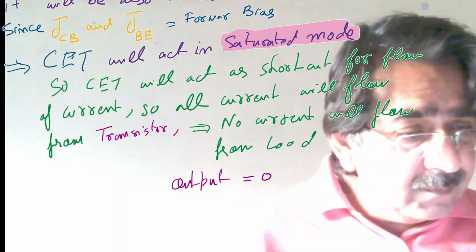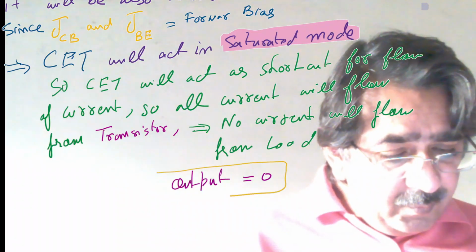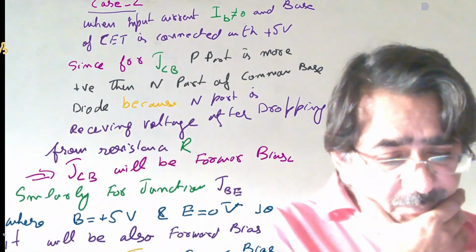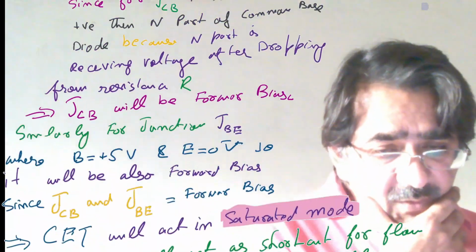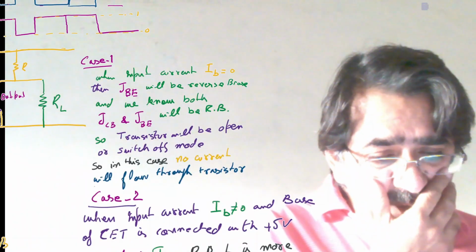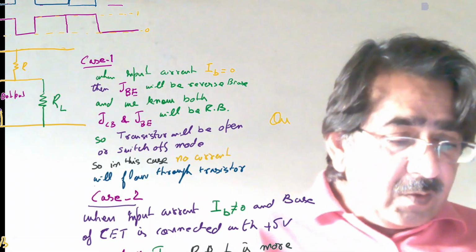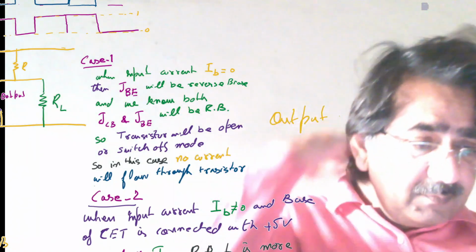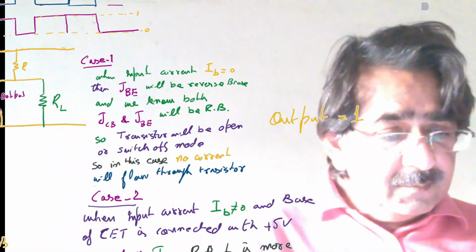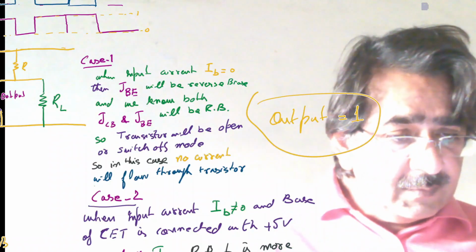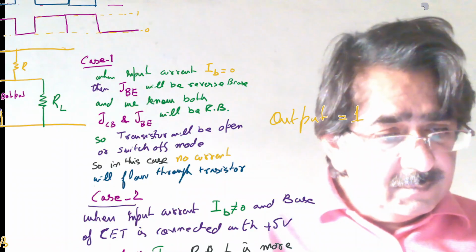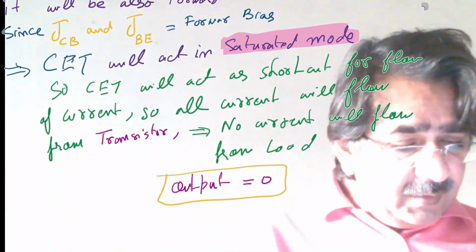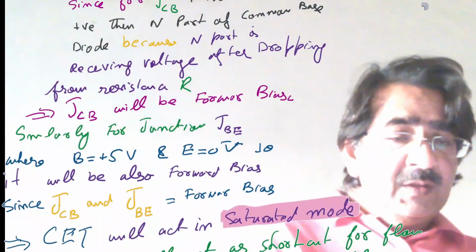For case one, no current will flow, so the output is one, but for this case, the output is zero.